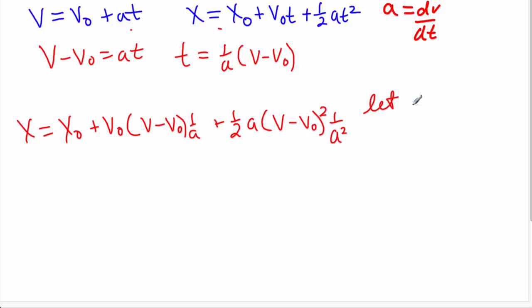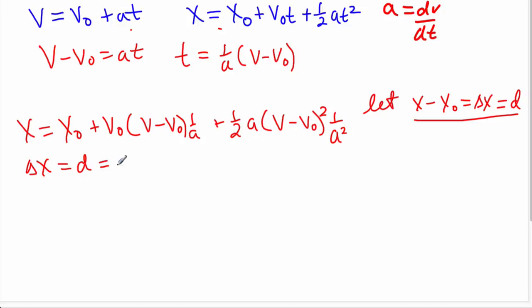You could say that x minus x sub 0 is delta x, which is usually the value d. If I move the x naught over to the other side, now I've got delta x equals, or in a more familiar format, d equals.